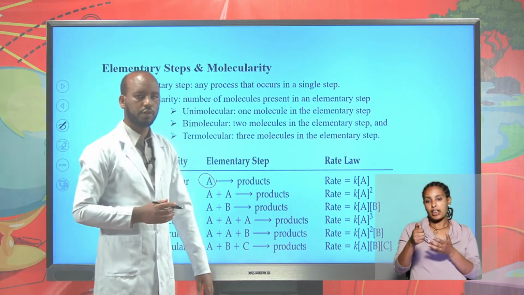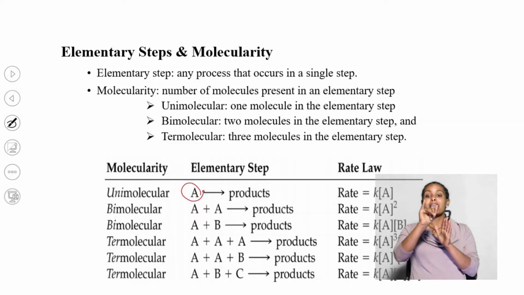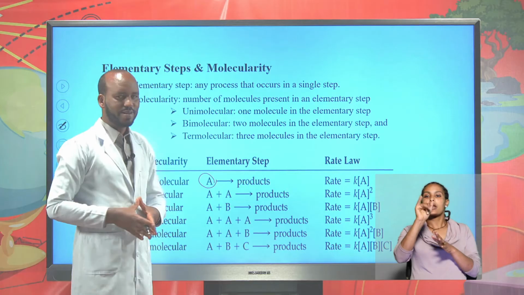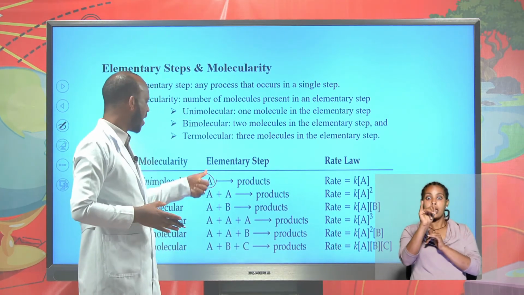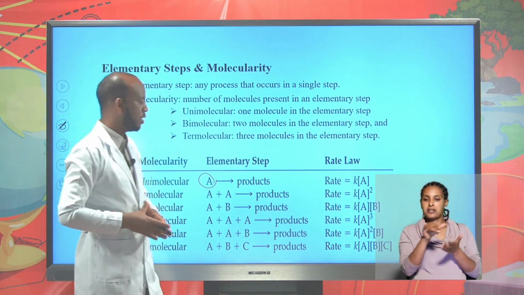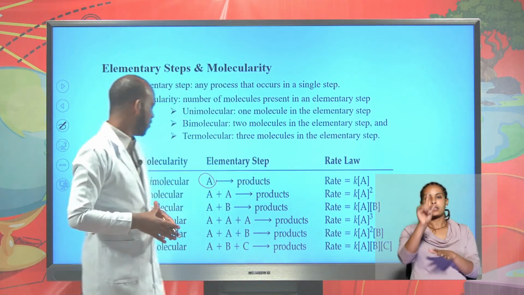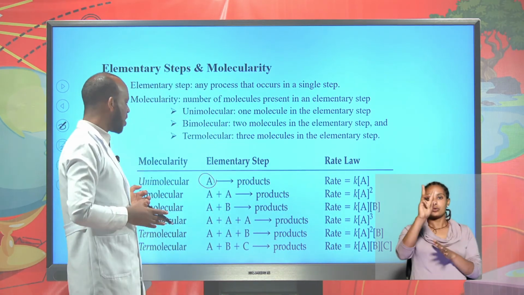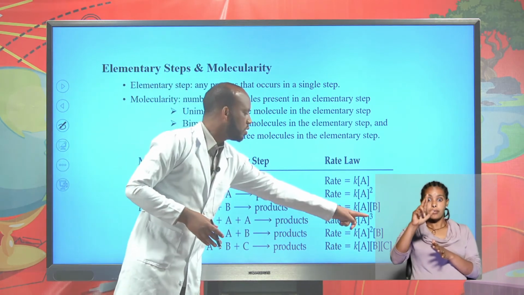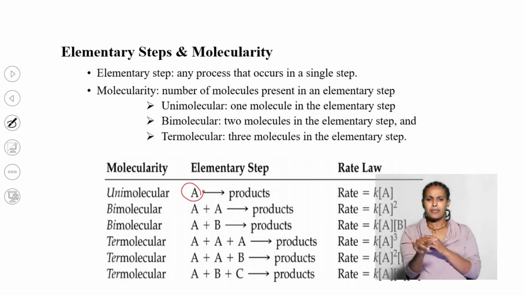Rate law for unimolecular: rate equals k times concentration of A. Therefore, the overall order for a unimolecular reaction is the same as the molecularity of the reaction. It is unimolecular, one reacting species, its order is 1. For bimolecular, the overall order is 2. For termolecular, the overall order is 3, the same as the molecularity of the elementary reaction.